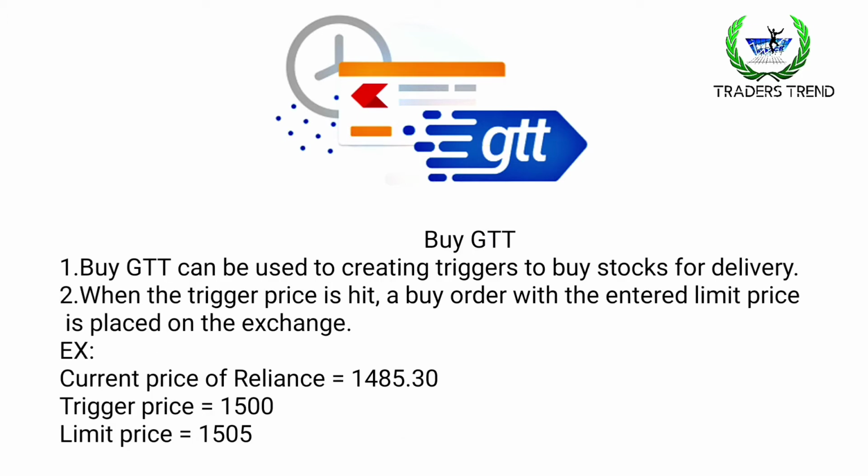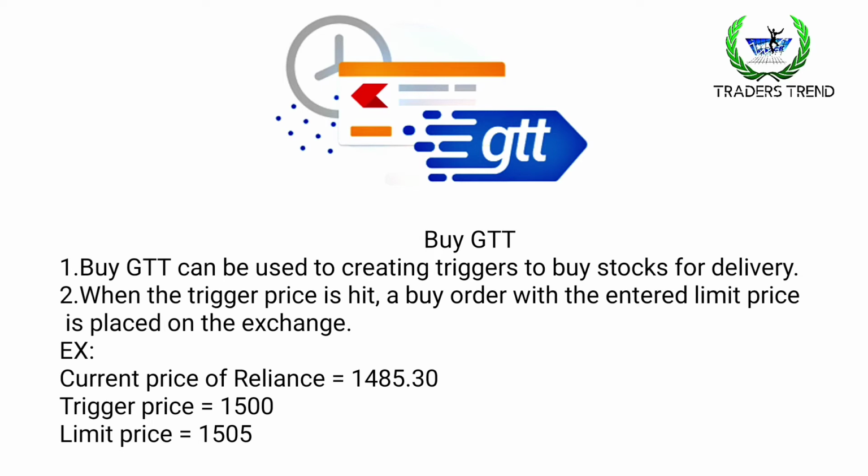Buy GTT can be created to trigger a buy of a stock for delivery. It means you have to set your limit price as well as your trigger price. Let's see an example.